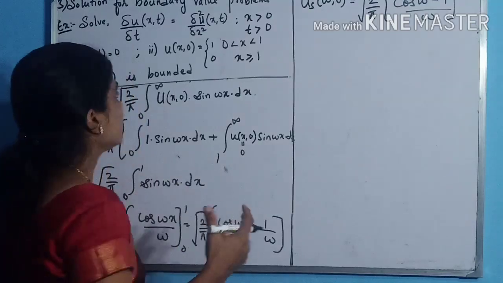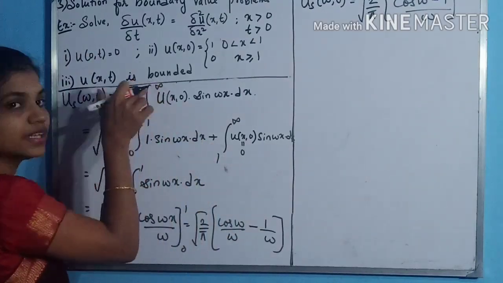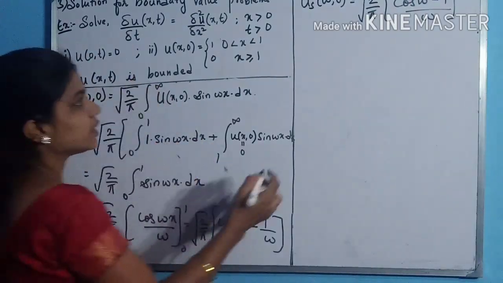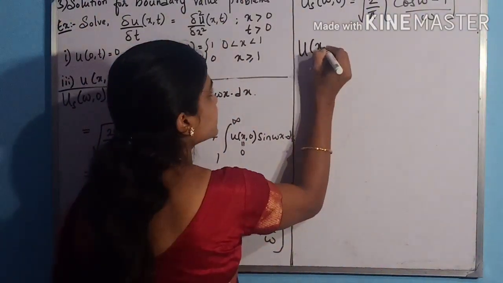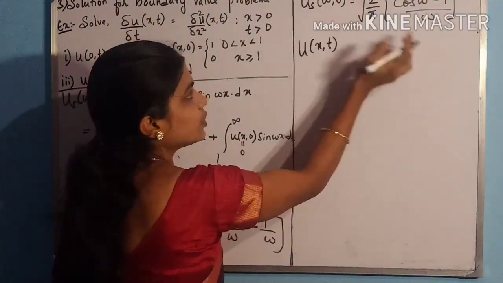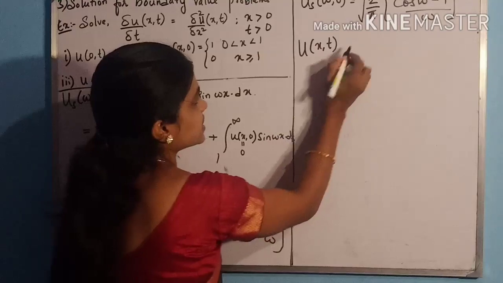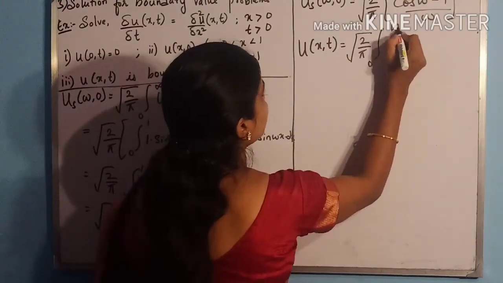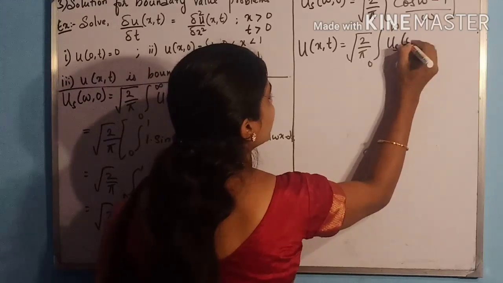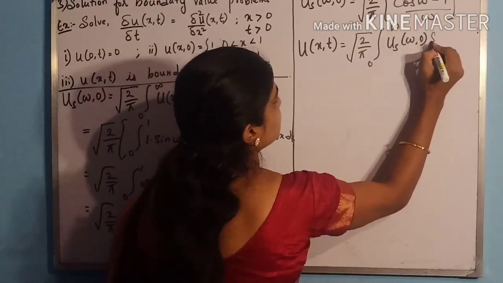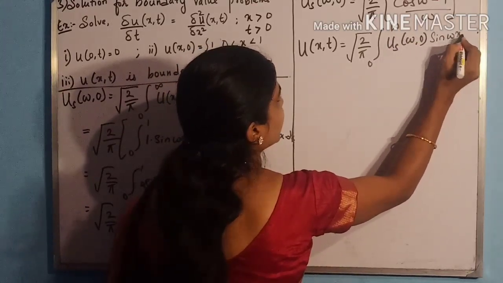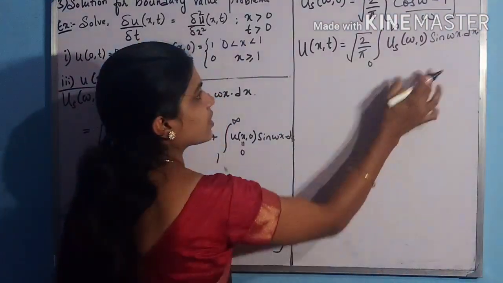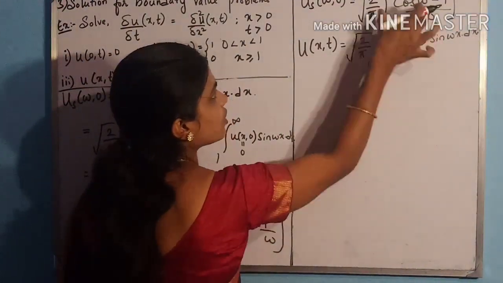So what is u of x t? Because here we are given the condition that u of x t is bounded. So u of x t is the inverse Fourier transform of us, that is equal to root 2 by pi integral 0 to infinity us omega 0 sine omega x dx. Now what is us of omega 0?